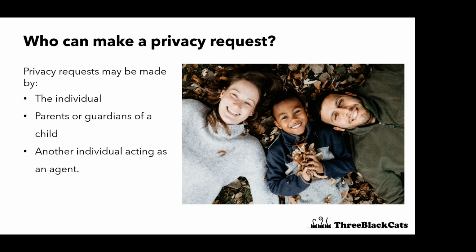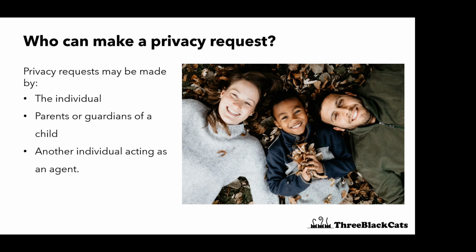Now, this is one you need to be very cautious of. How do you confirm that the parent or guardian has the right legal authority to have a copy of that information? Or are you going to put that child at risk? So if you think about a child with two birth parents. They have separated and the mother has taken the child into safe care due to domestic violence.